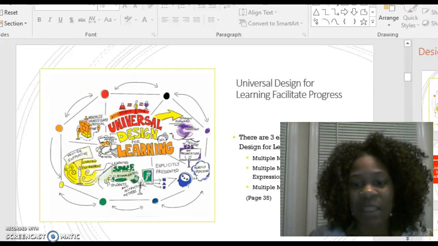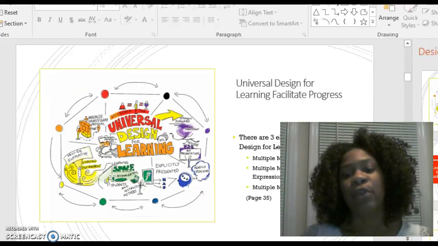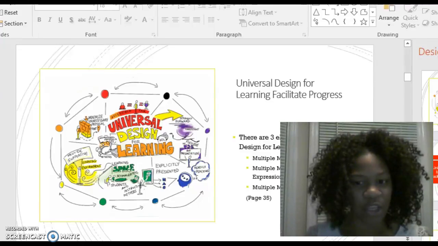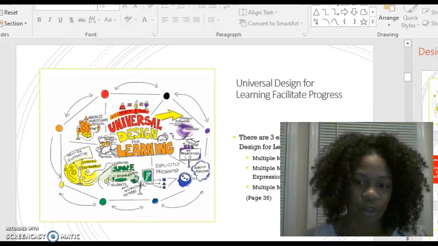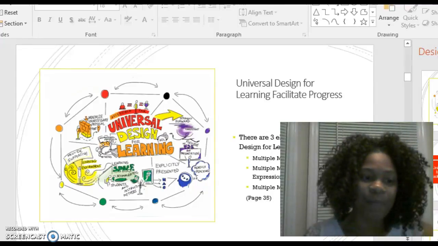And the last one, multiple means of engagement, shows how the materials benefit the lesson to engage students and pique their interest. So you might be incorporating these techniques, however, it might not be a good UDL for that specific type of learner. So that is what multiple means of engagement are.